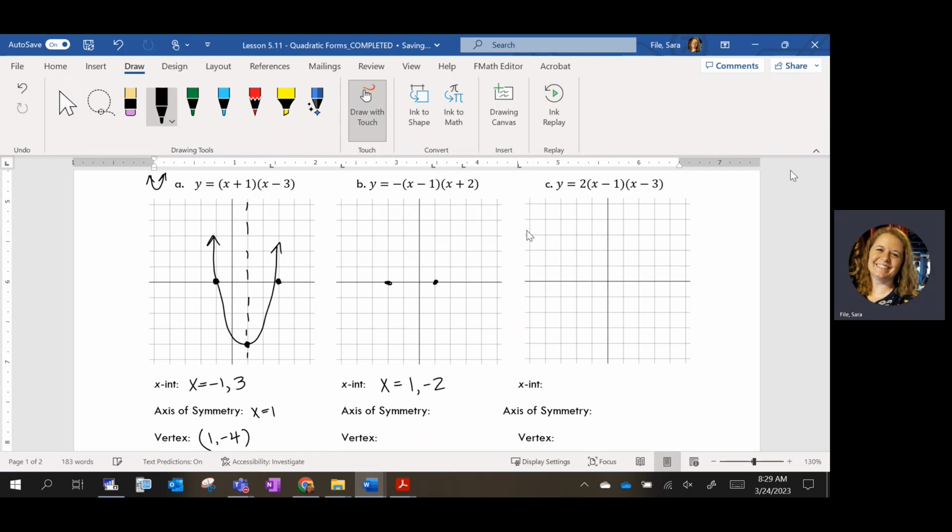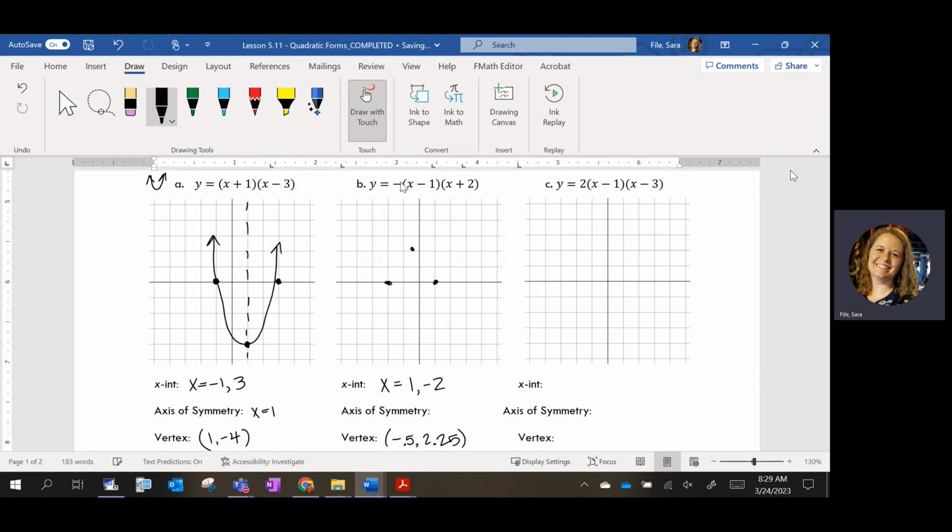I will save us some time. This one, the vertex comes out to be (-0.5, 2.25). So -0.5 and +2.25, just above the 2 there.